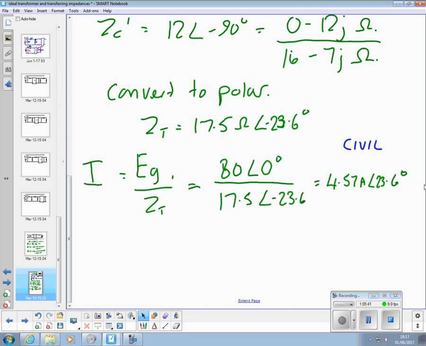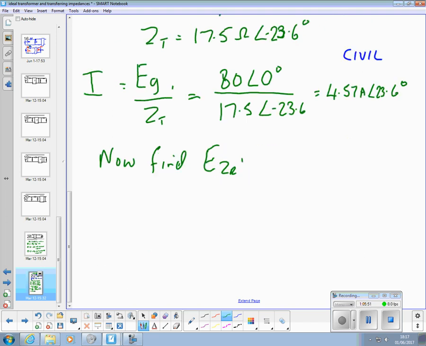So then we go on to find EZR dash. So VZR dash equals I times ZR dash.